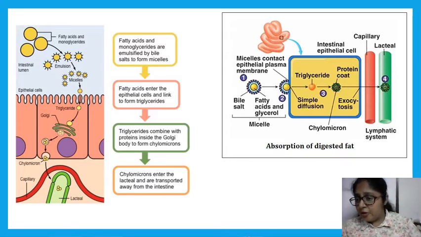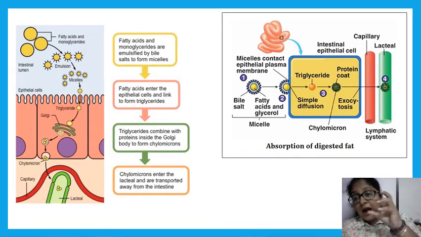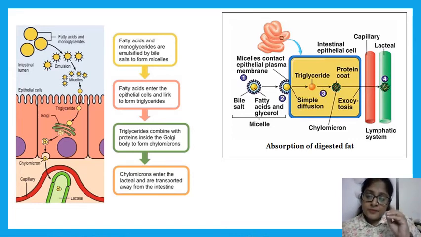Now, there are certain patterns. Fatty acid of less than 12 carbon content moves directly to the blood. But fatty acid of more than 12 carbon content can't move to blood directly. Now why?